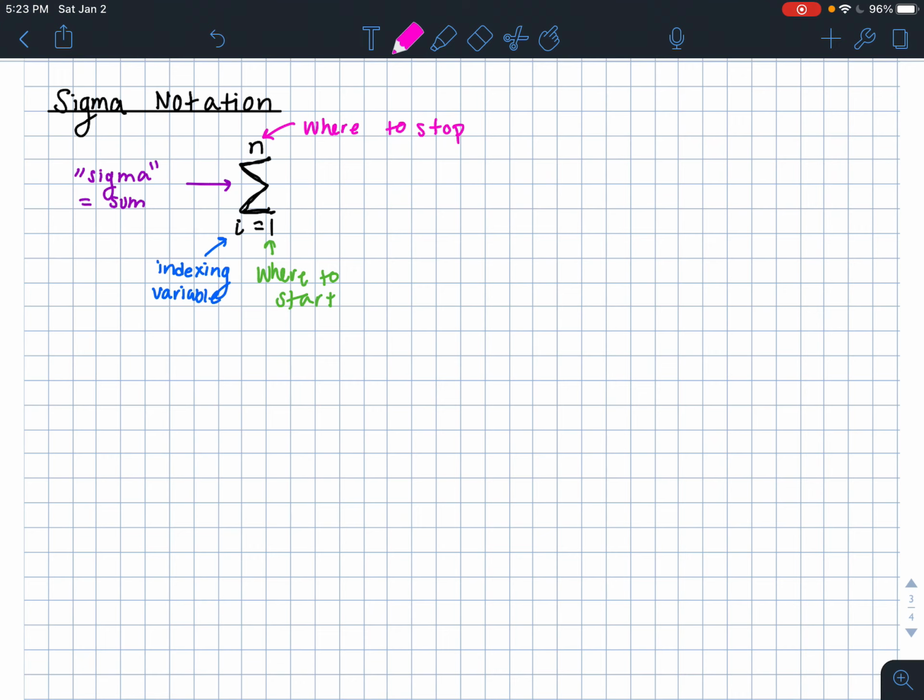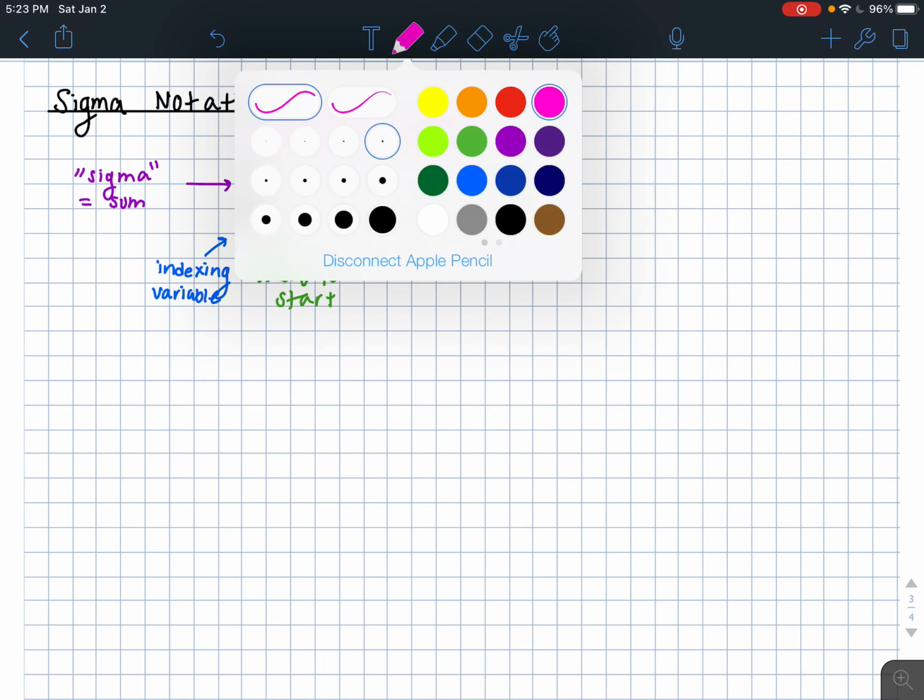And then next to sigma is some sort of formula. I'm going to write out more explicitly what it is for a Riemann sum, but it can be any formula. We're going to see sigma notation and summations later on in this year when we do series.